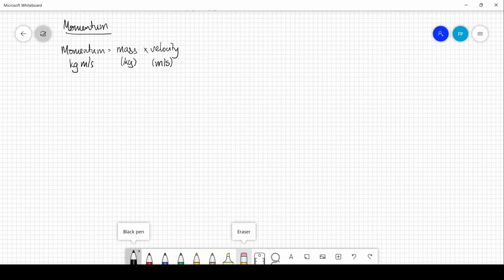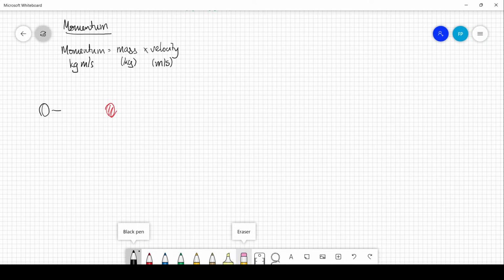In many of the questions, you'll be given two objects that interact with the momentum. Suppose we have a snooker ball, the white one that gets hit. Now let's say it's going to hit this red ball. And this red ball isn't moving, actually.